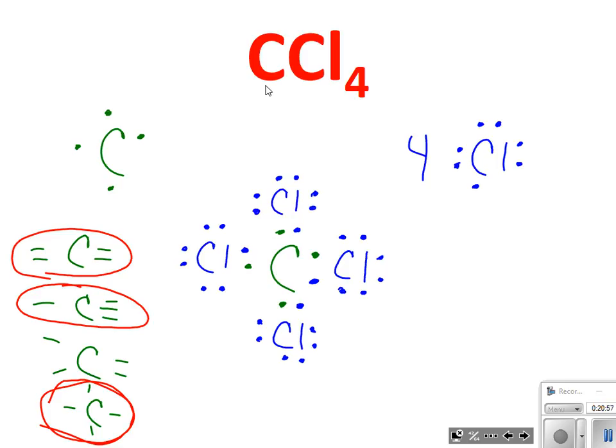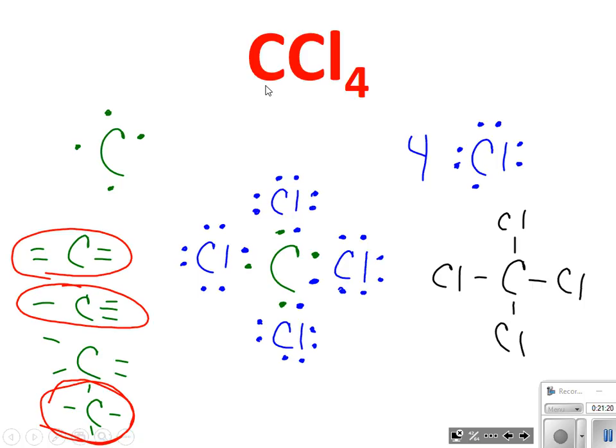Now what I'm going to do is I'm going to replace the bonds with dashes. So you're going to see that I can write it like this. Do I need to include the unshared pair of electrons?